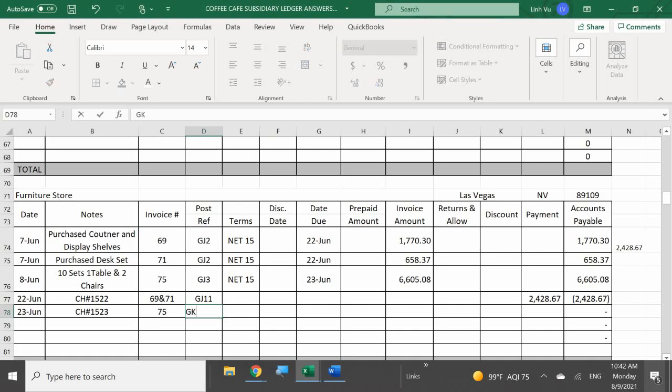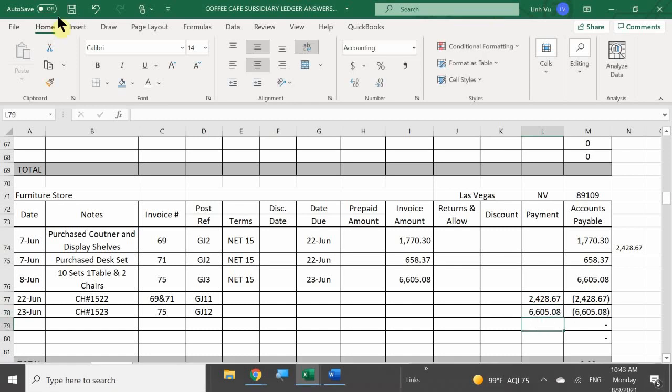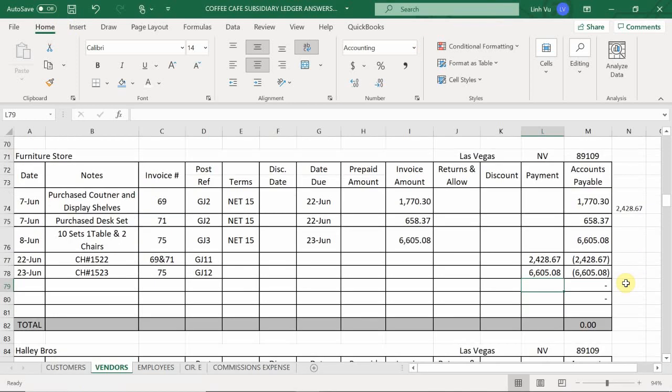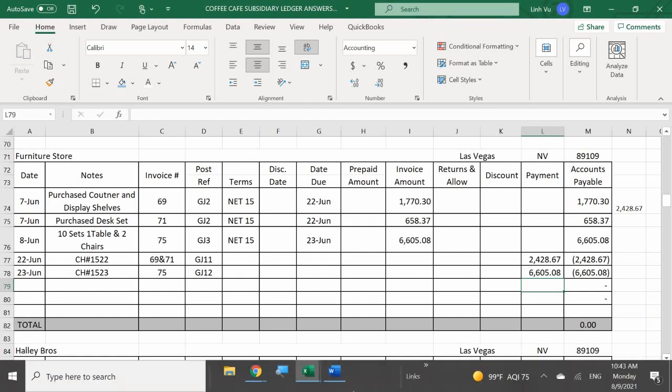General Journal 12. Here we go all the way to payment for $6,605.08. Okay, which brings us to zero balance. Everything is zero. Good. That's it. Yes, that is it.